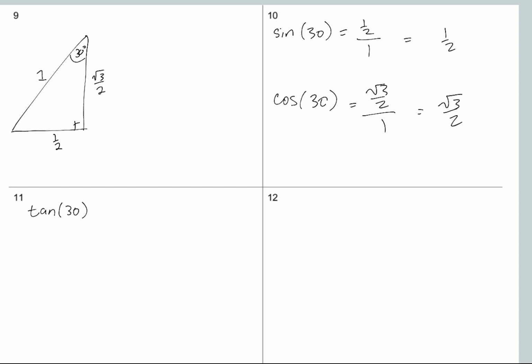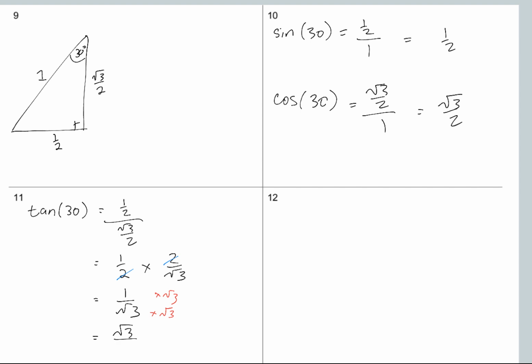I'm doing tan 30 on the board now if you got a bit lost with that one. Oh, it's just root 3, isn't it? No. Cos 30?